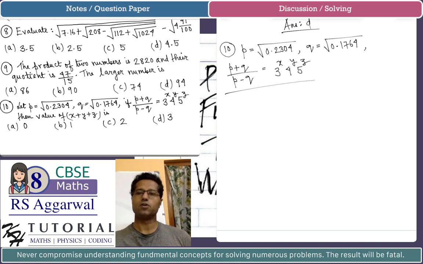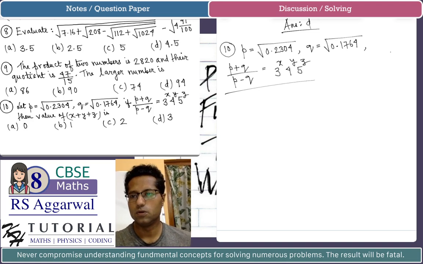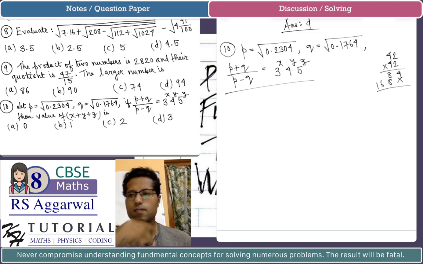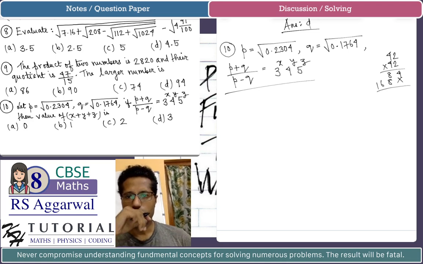Can it be 42? I'm doing a very, very wild guess. 42 multiplied by 42 is 1764, no. It is better to do it another way.